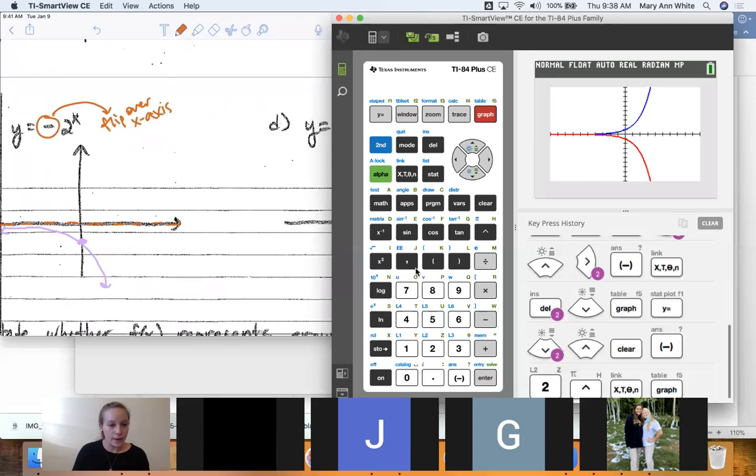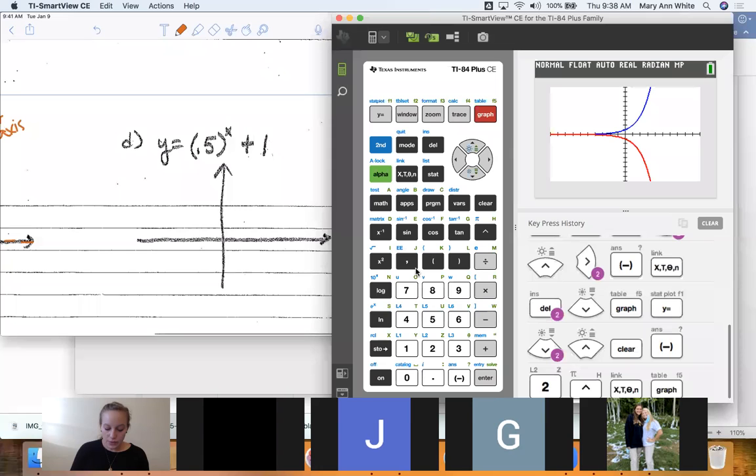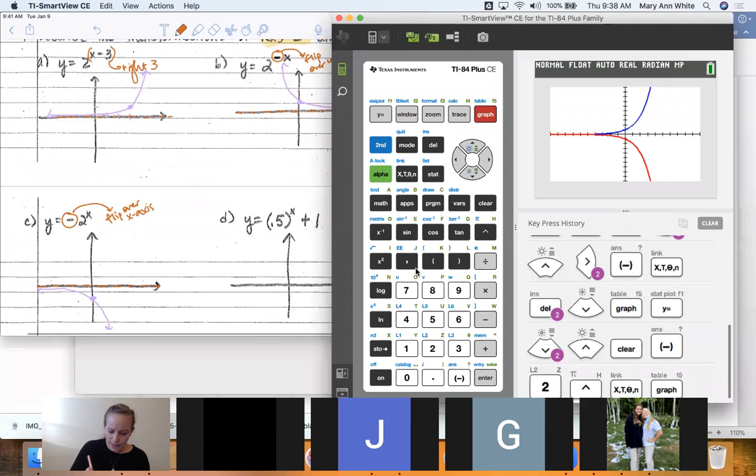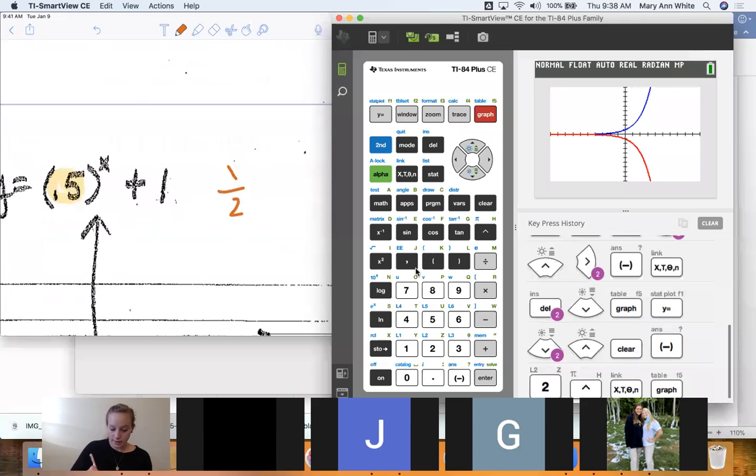And then the last one says y equals 0.5 to the x plus 1. Well, wait a second. All of the ones we just did were base 2. Now it's 0.5. Remember, though, that 0.5 is the same thing as 1/2.